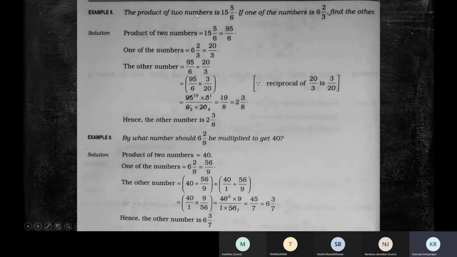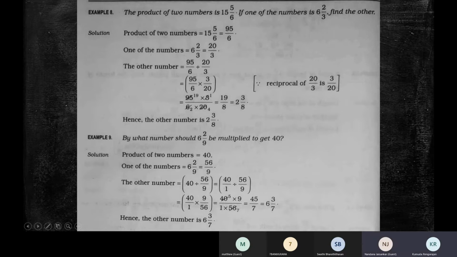So let us say the product of two numbers is 100. If one of the numbers is 25, what will be the other number?